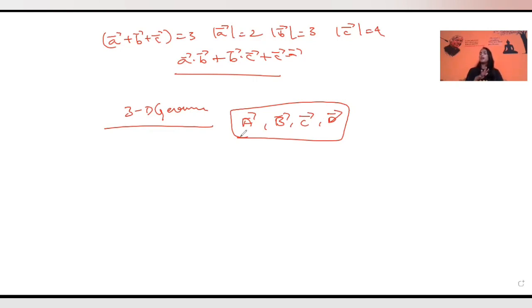So you have to use the coplanarity condition. Find vector AB, vector BC, vector CD, then find their determinant. If you get it equal to 0, then it is coplanar. If it is not equal to 0, then it is not coplanar.